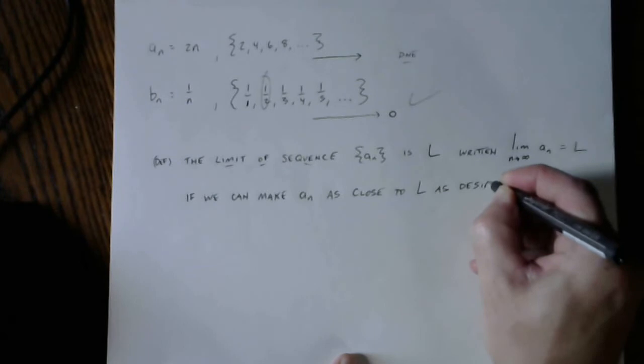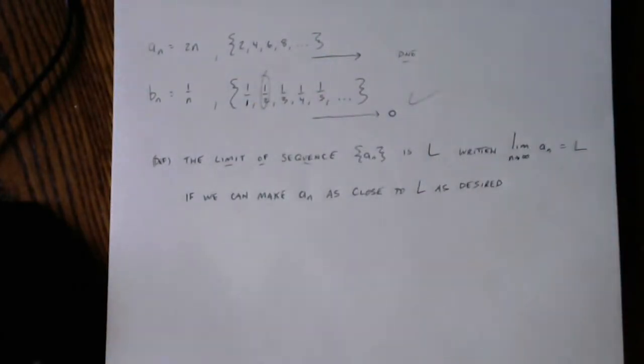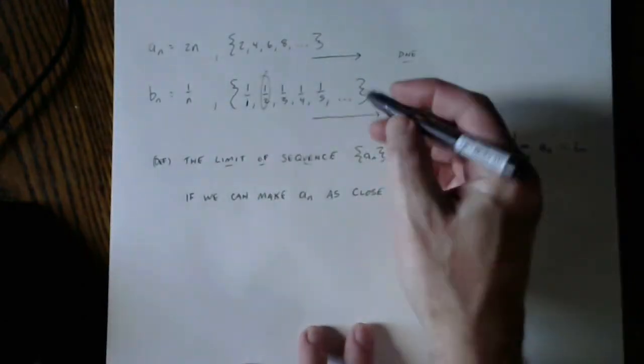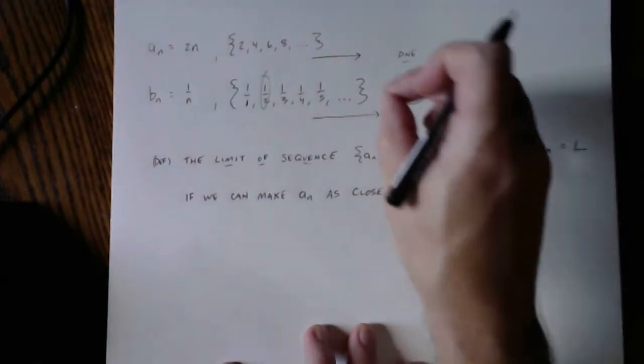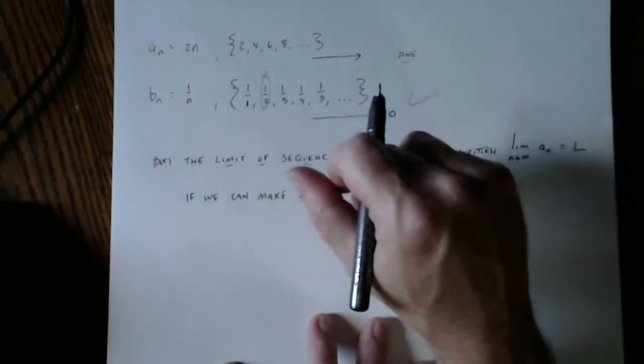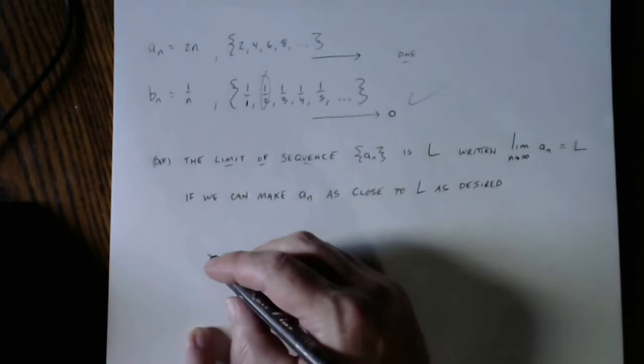I always find that language funny. Who desires this to go to 0? It's a pretty lame day. How so? How can I make, say you want this within a certain distance of 0. How can you make that happen? Just get enough terms by making n sufficiently large.